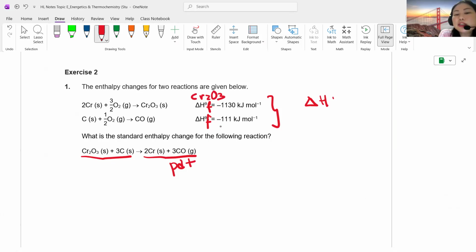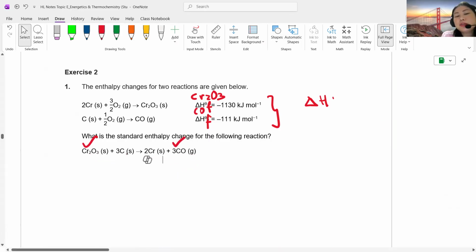This delta HF of minus 111 is the formation of CO. So I have Cr2O3 formation and CO formation, these two formation values. But these two I do not have.